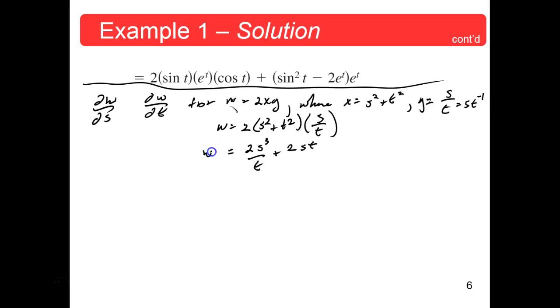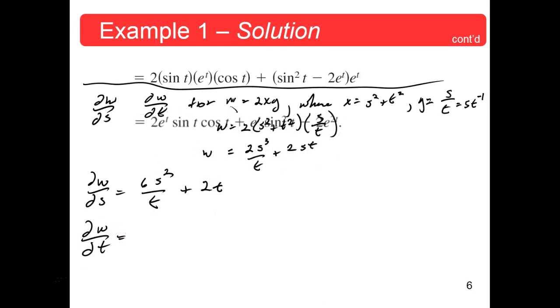This is your w, and the partial of w with respect to s would then be 6s squared over t, because you treat the t as if it's a constant, plus 2t. Partial of w with respect to t. Alright, this is a little messier.